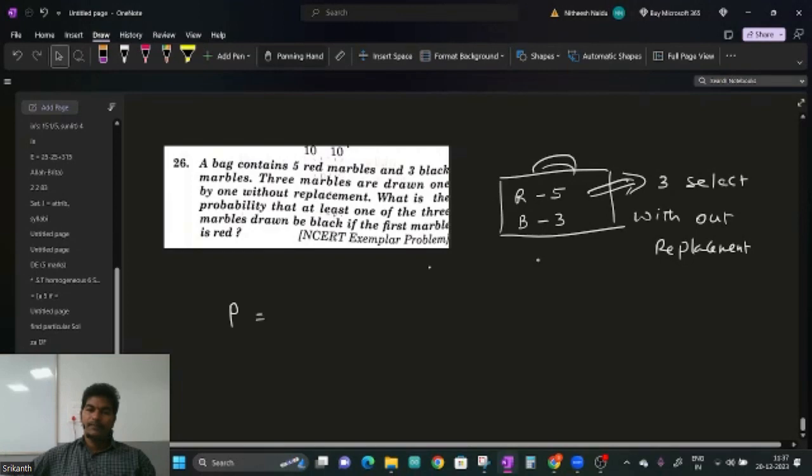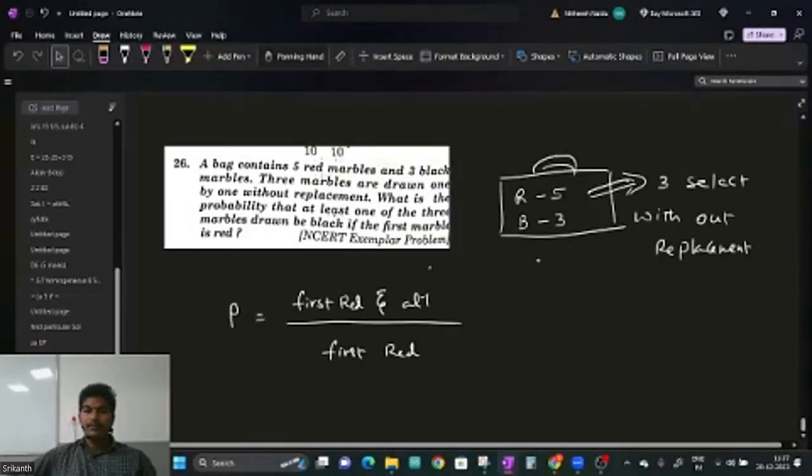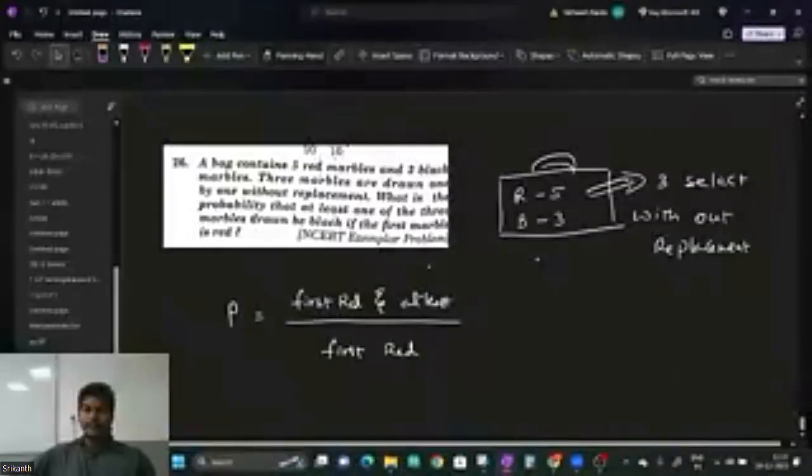So what he said after "if" should be written in the denominator: the first marble is red. The same thing should be copied here: first red, and at least one black.